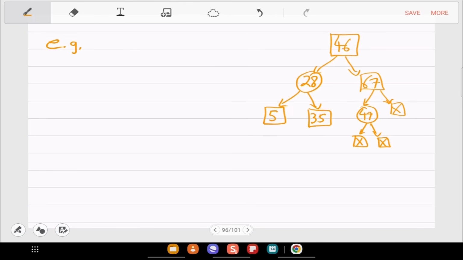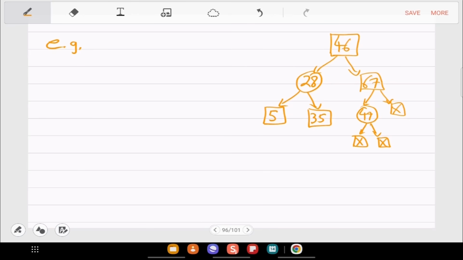So till now on the right side of 46, what is the black height? The black height is 3, right? There are 3 leaves, and you can see that every path from the root to a leaf has 3 square nodes.